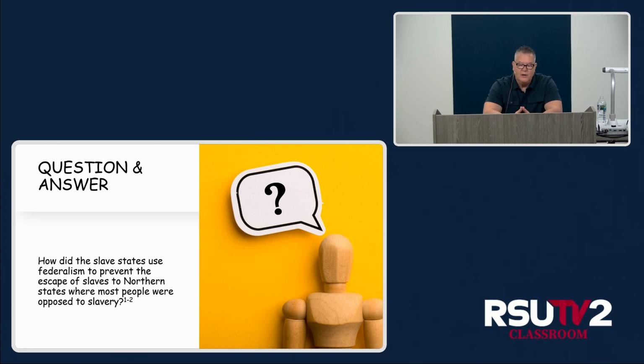And it basically said, no person held to service or labor in one state under the laws thereof, escaping into another, shall in consequence of any law or regulation therein be discharged from such service or labor, but shall be delivered up on the claim of the party to whom such services and labor may be due.